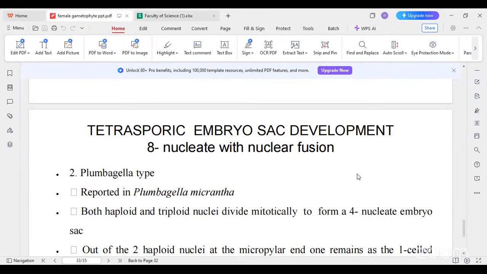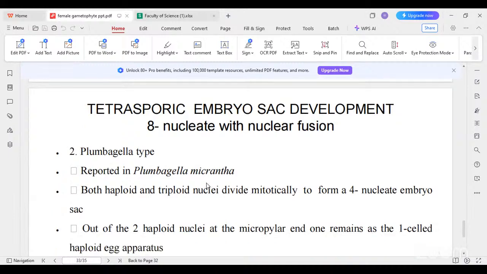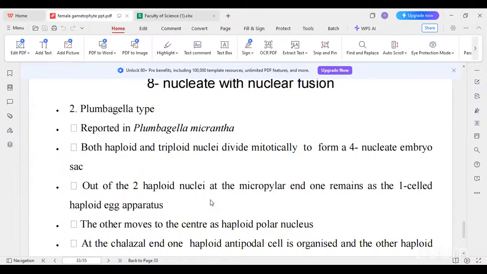The second one, tetrasporic embryo sac development, 8 nucleate with nuclear fusion. The second is the Plumbagella type, the plant name Plumbagella micrantha. In this species, both haploid and triploid nuclei divide mitotically to form a 4 nucleate embryo sac. Of the 2 haploid nuclei at the micropylar end, one remains as the one-celled haploid egg apparatus.